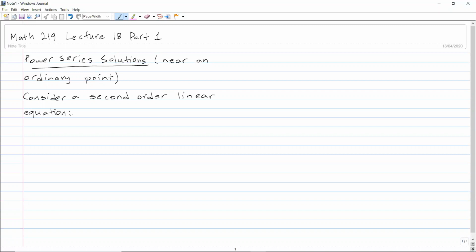The most general form is going to be some function p of x times the second derivative of y plus another function q of x times the first derivative of y plus a function r of x times y equals some function f of x. So here we consider y as a function of x. Instead of t, we use x.